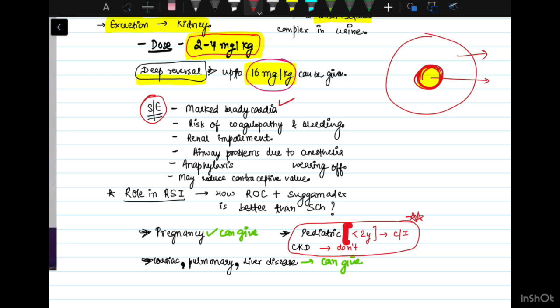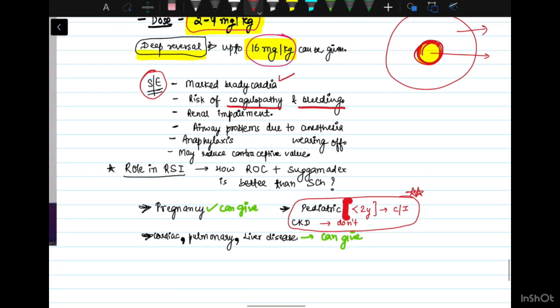But here, this marked bradycardia is rare in Sugammadex but can be seen. There's a risk of coagulopathy and bleeding. So, in a patient with raised INR, try avoiding reversing the patient with Sugammadex. Again, in renal impairment, if the patient is on dialysis, don't reverse the patient with Sugammadex.